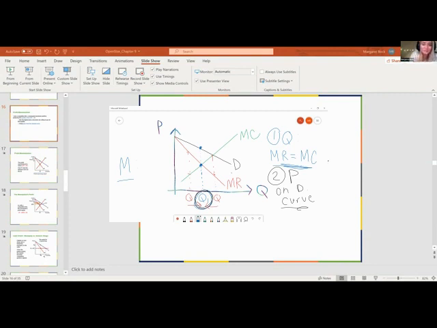At this quantity Q1, at this intersection point, we go up to the demand curve. And this is the price that the monopolist is going to charge for this quantity. So the price is on the demand curve.